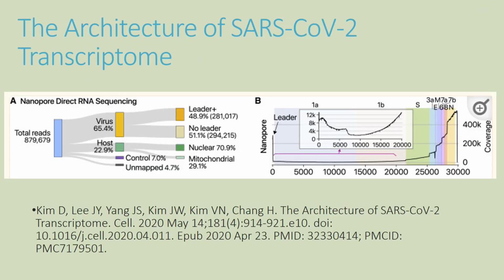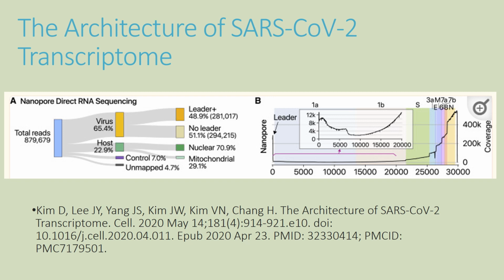Lastly is an article that looked at the architecture of the SARS-CoV-2 transcriptome using direct RNA sequencing with nanopore technologies. And this figure shows just that. If you look at part A, the leader represents the viral reads that have the 5' end sequence. The no leader displays the reads that do not contain this.